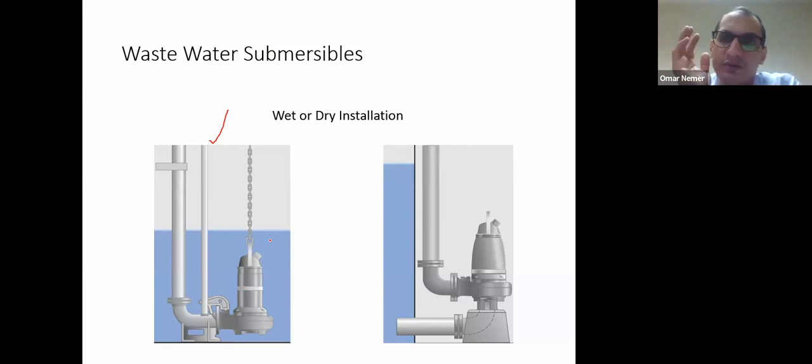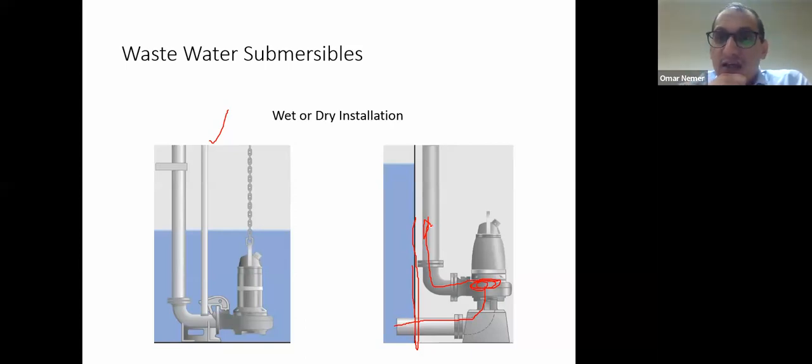This is what we call the wet installation. In the dry installation, we are pumping sewage, but the pump is not submerged. As you can see, the pit wall is here. We took a pipe to the pump and we are pumping out. This is the dry installation.